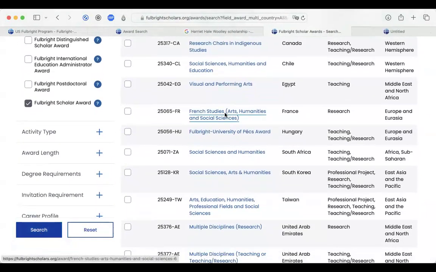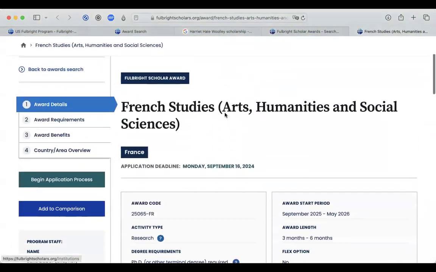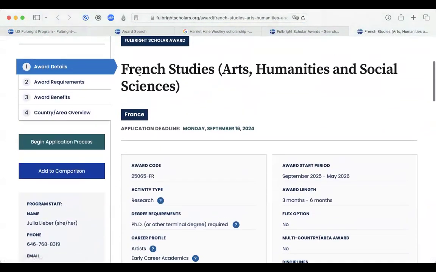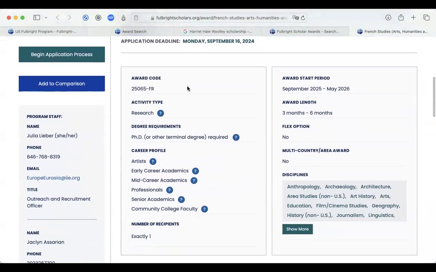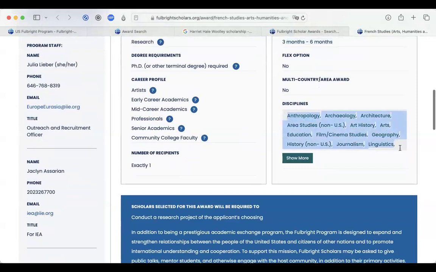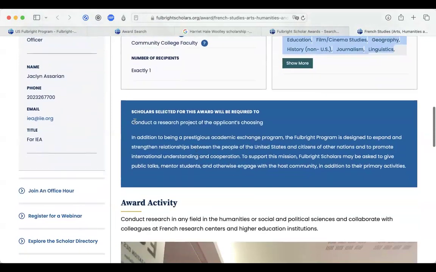So looking at this, we might see, oh, hold on. Earlier we were looking at France. We were looking at the Harriet Woolley Student Awards. Well, there's also a French Studies, Broad, Arts, Humanities, Social Sciences award. You can do 3 to 6 months, and it's open to a variety of disciplines. And people doing this will be doing a research project of your choosing.